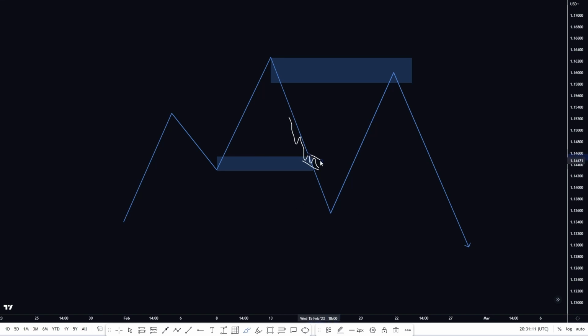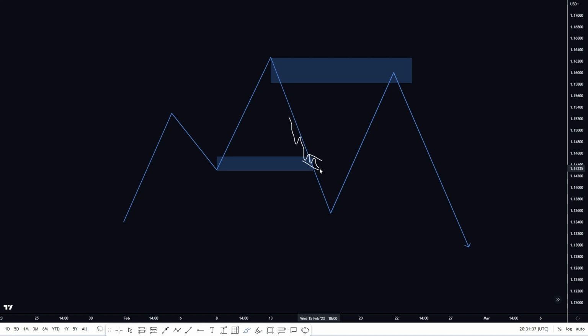So if we then see this kind of descending channel into our higher time frame area of support, this is a great indication that price may actually be moving to the upside. And that again will allow us to get involved on a lower time frame, because we're now building the confluence that price is looking to reverse because of the different time frames that are all starting to align with the same idea of a bullish move.